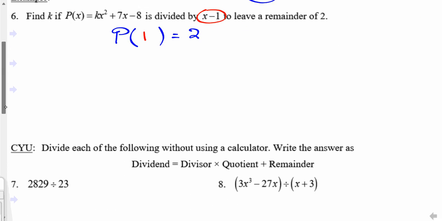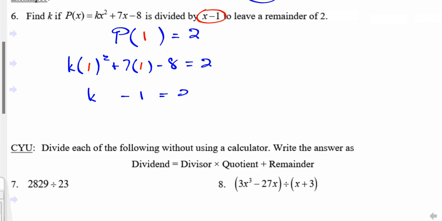So if I know that's true, then I can just substitute the 1 into my polynomial. Kx squared plus 7x minus 8 should equal 2. And replace all the x's with 1. And then I have an equation with 1 unknown, and I can solve. And we get our k must equal 3.